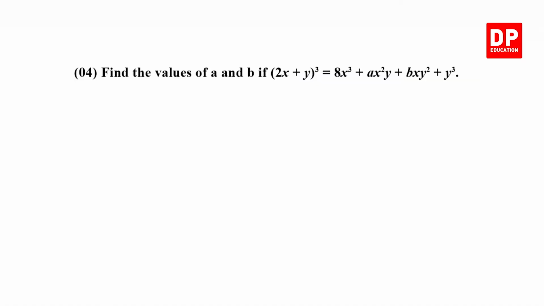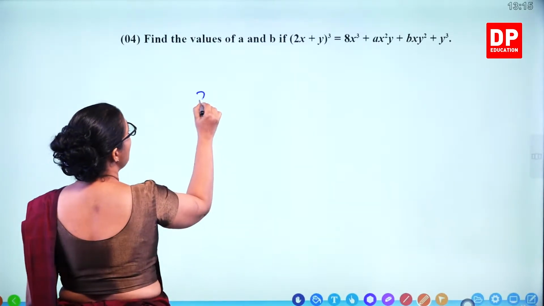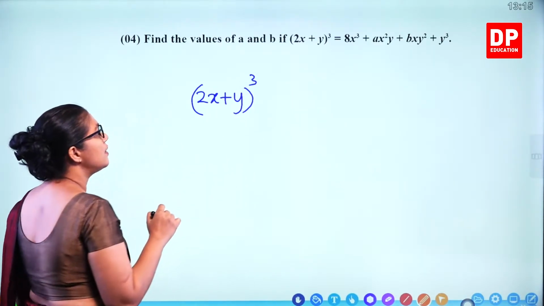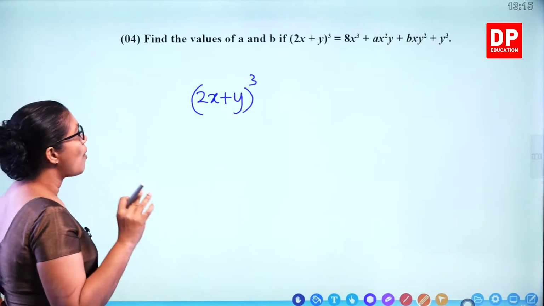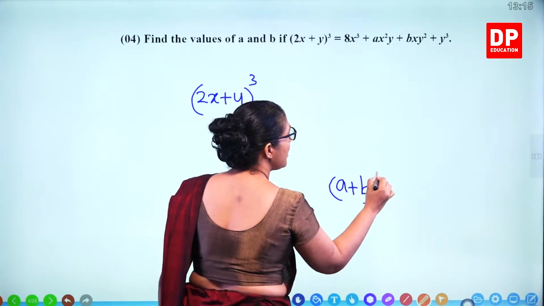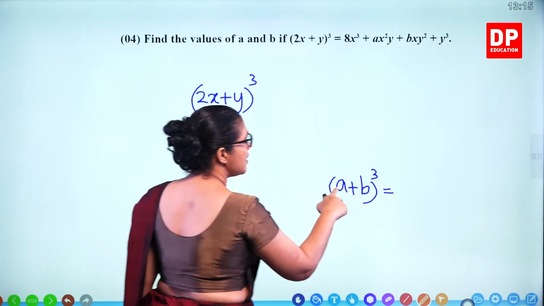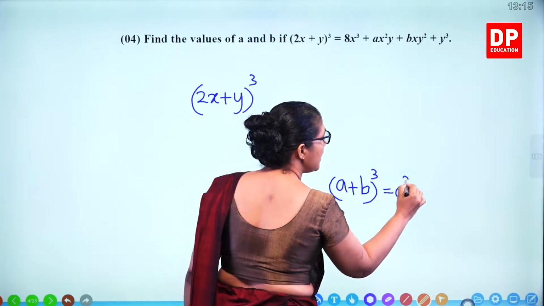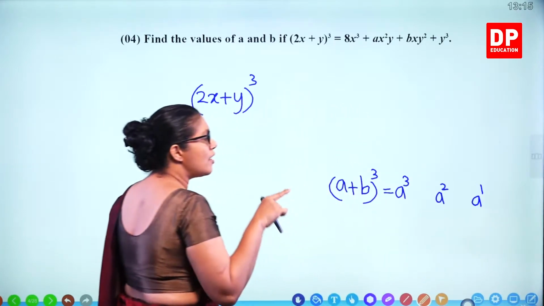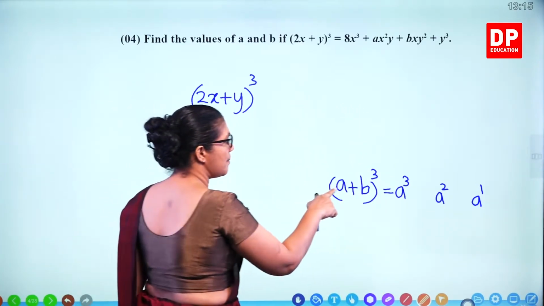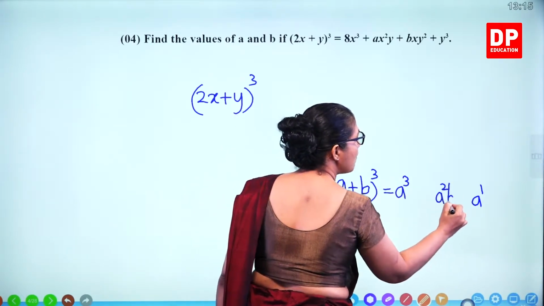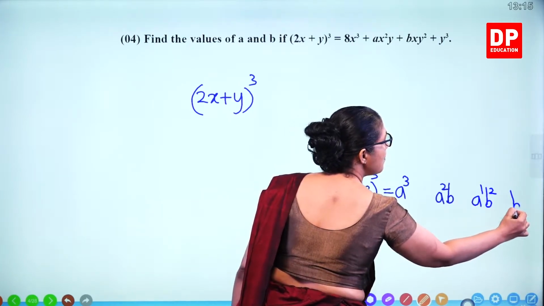Question number 4. Cube. Can you remember? If this is a cube, what's the pattern? We observe that (a plus b) cubed is, starting with power 3, a cubed, a squared, a to the 1 and a to the 0, reducing the power of the first term and increasing the power of the second one, starting with 0, b to the 1, b squared and b cubed.